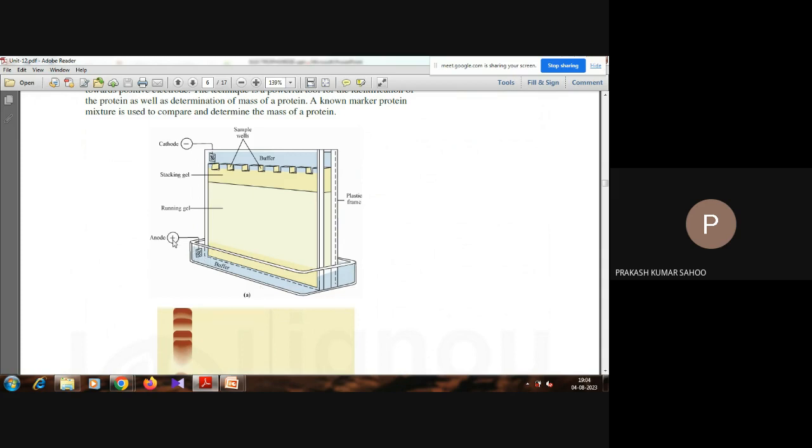Then we have one anode here, positive charge, and cathode here, negative charge. This is the gel, the running gel, and this is the plastic frame. When we put the sample with the gel, the ions get separated based on their charges, and they move to their respective electrodes. That is, anion towards anode and cation towards cathode.